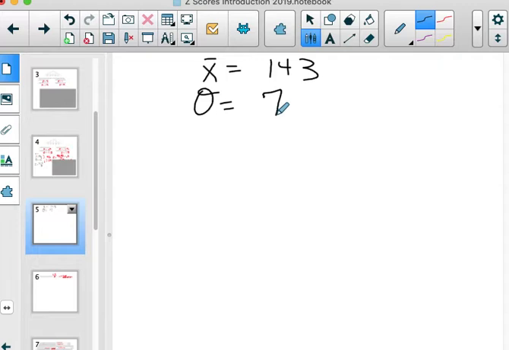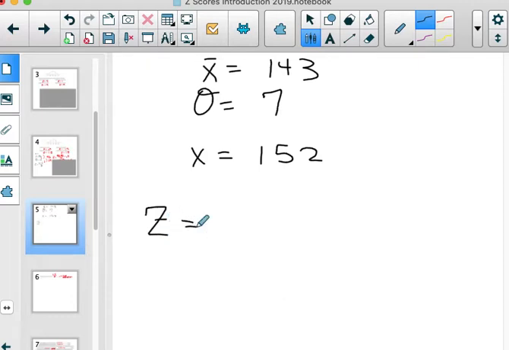Tell me what is the z-score for the observation of 152? What is the z-score if your observation is 152? Okay?